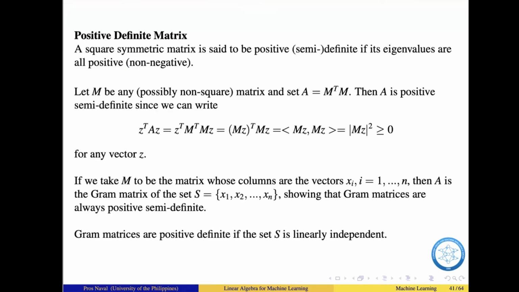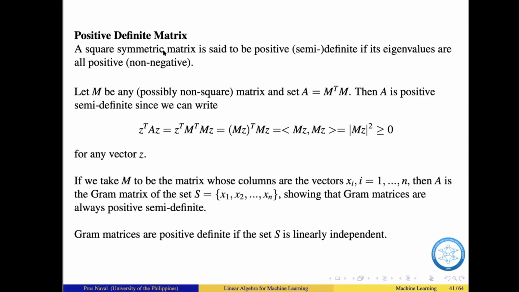Now let's go back to the notion of positive definiteness. How do we know whether your matrix is positive definite, positive semi-definite, and so on? By looking at the eigenvalues.